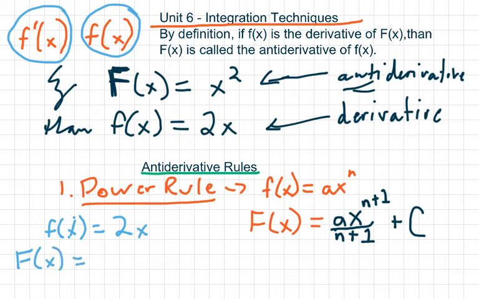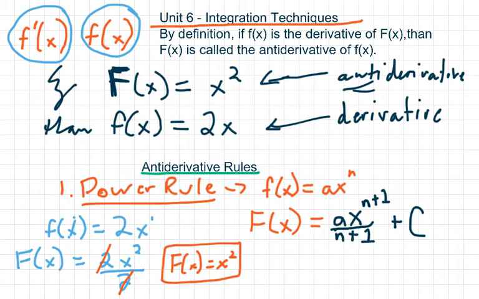I'm going to add 1 to the exponent. This was a 1 here, so I'll add 1 to that and get 2, and divide by that new exponent of 2. That cancels the 2 out, and that's where we see F of x equaling x squared. Okay? So that would be a nice simple way of just following that rule that we just did.